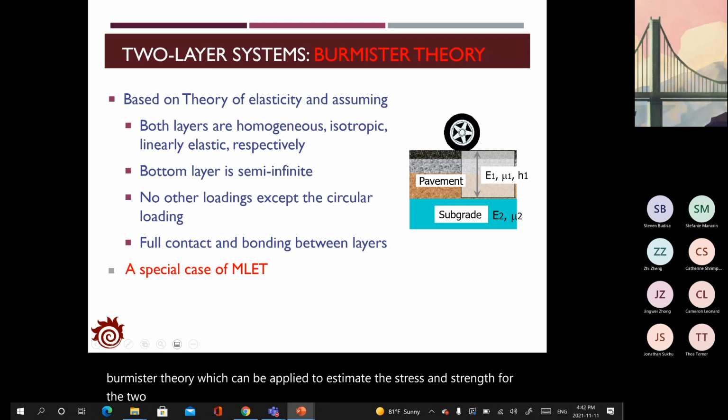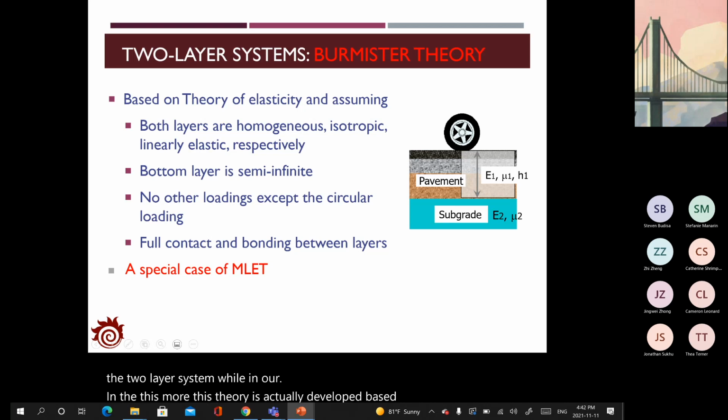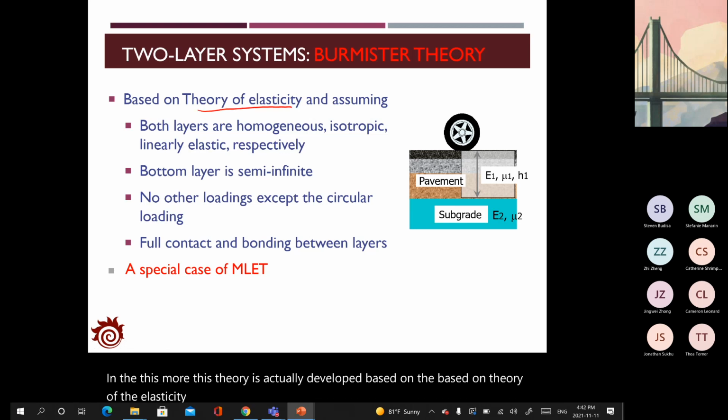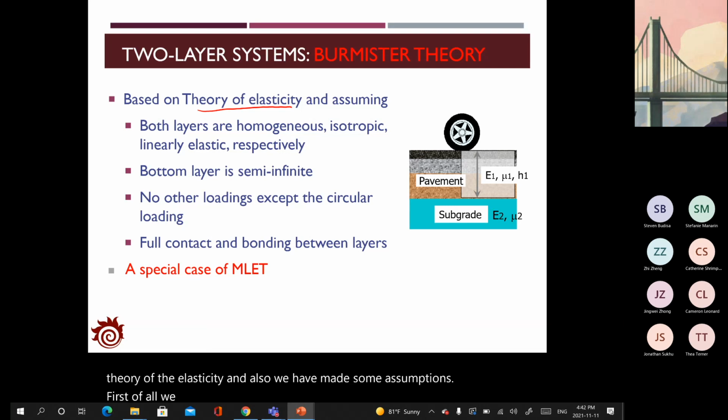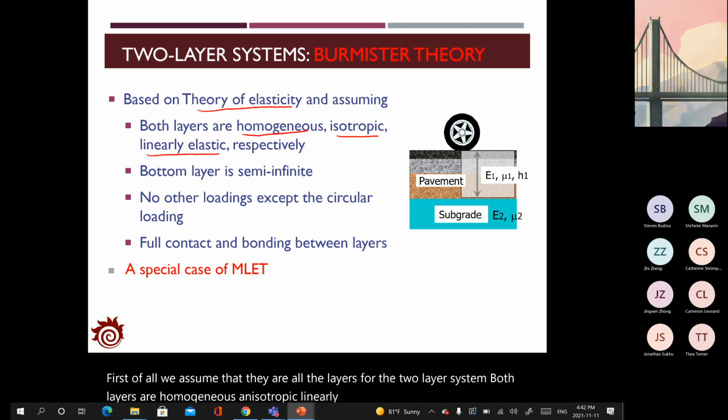This theory is actually developed based on the theory of elasticity, and we have made some assumptions. First of all, we assume that both layers of the two-layer system are homogeneous, isotropic, and linearly elastic.